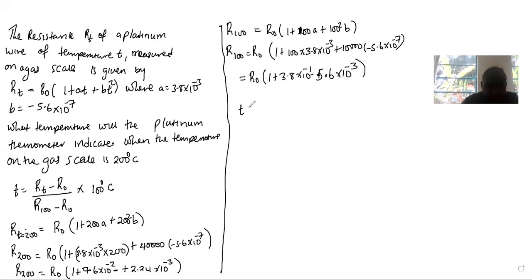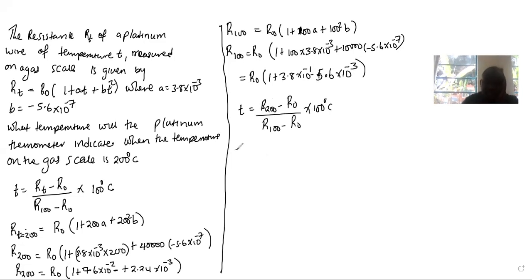Therefore, small t would be, since we have seen it is R at T, which is R at 200 minus R at ice point over R at steam point minus R at ice point times 100 degrees Celsius.